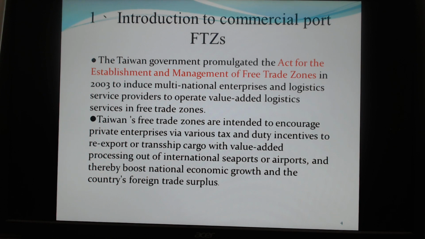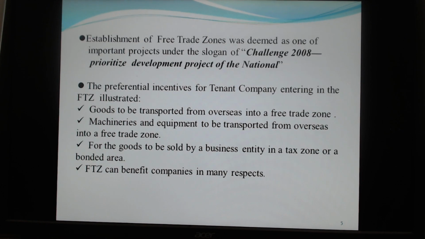For example, they are located in Kaohsiung port. It's not only to encourage you to import cargo or export cargo or transshipment cargo. Also, they hope to create some air cargo in this free trade zone.